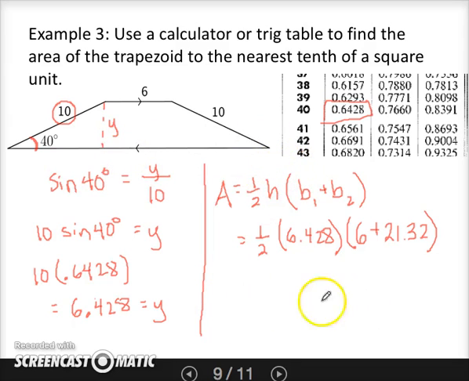So plugging all of this into my calculator, I get a final answer of 87.80 something, and we're asked to round to the nearest tenth of a square unit. So that's going to be 87.8 square units.